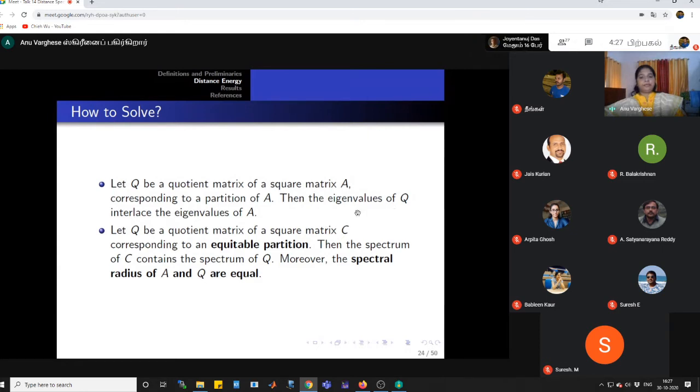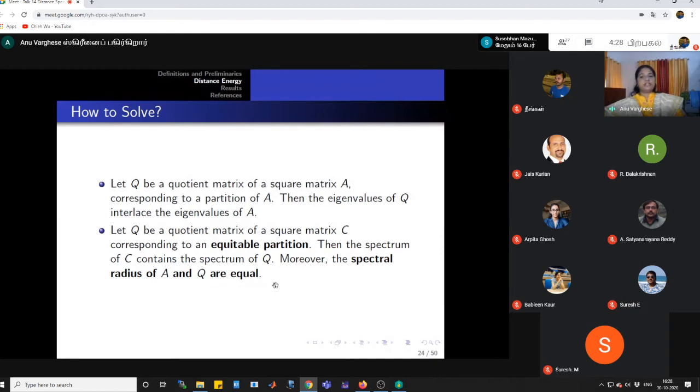If we get an equitable partition, then the spectrum of the matrix A contains the spectrum of Q. That is, all the eigenvalues of Q will occur as eigenvalues of A. And the spectral radius of A and Q will be the same.